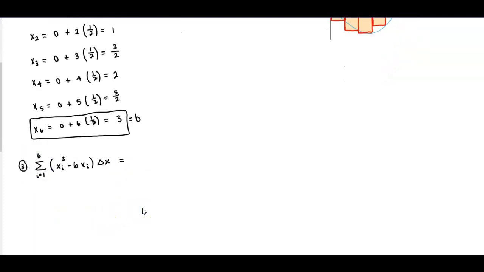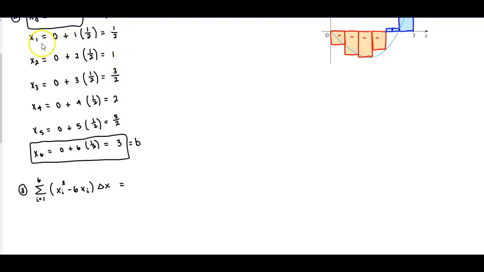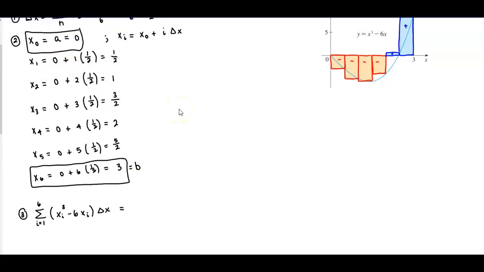So what do we know? The first point that we have here is 1/2 for x1, because we're taking the right endpoints. This is x1, this is x2, this is x3, x4, x5, and then x6.